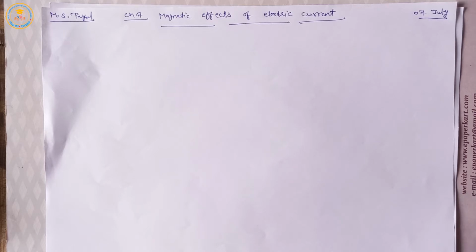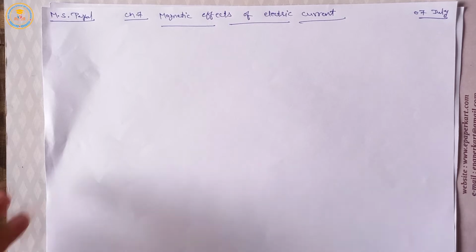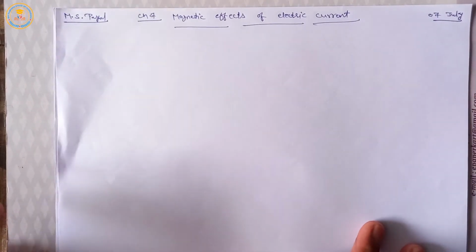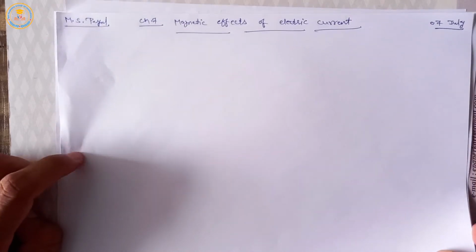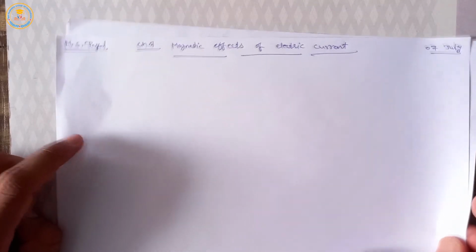Our chapter number 7 is going on, which is magnetic effects of electric current. In this chapter, yesterday we studied the solenoid and the magnetic field at an axis point of a solenoid. Today we compare a current carrying solenoid and a bar magnet.